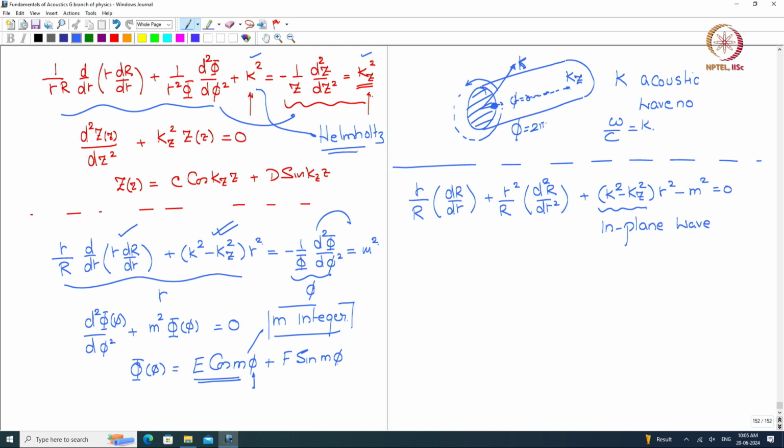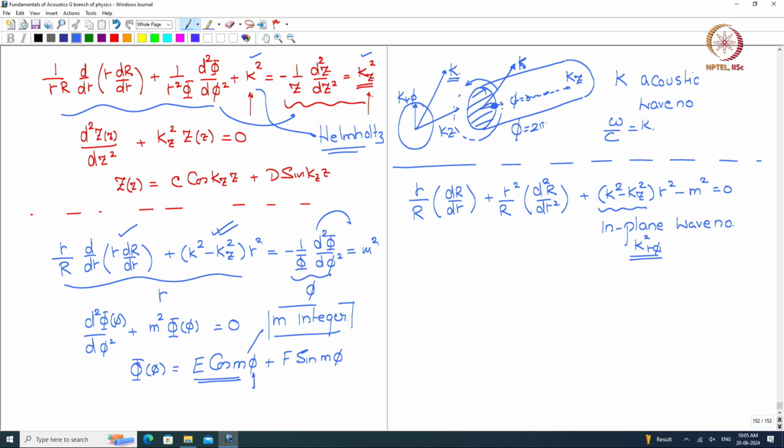We'll call it k r phi, k square r phi, where k r phi is the in plane wave number. So k r phi is the in plane wave number, kz is the out of plane wave number, and therefore the combination is the acoustic wave number k.